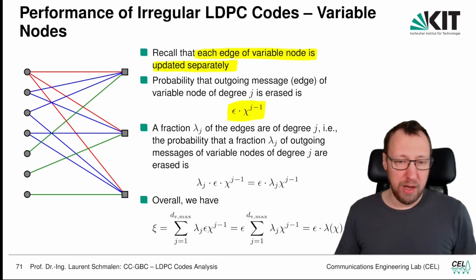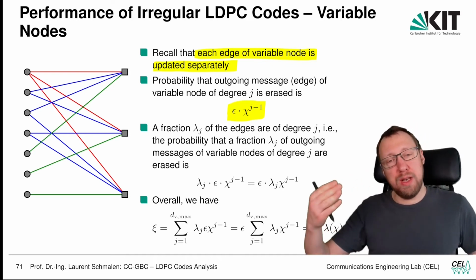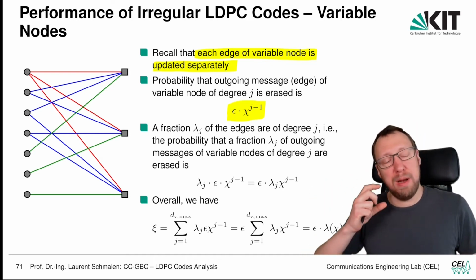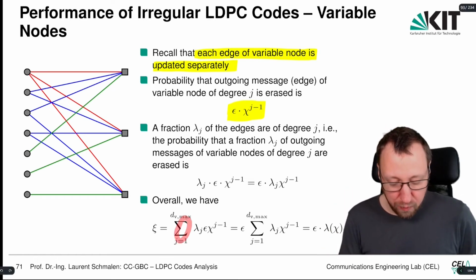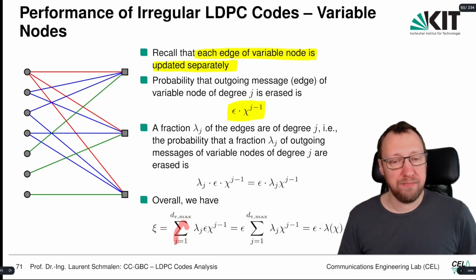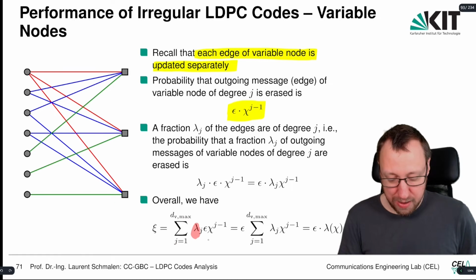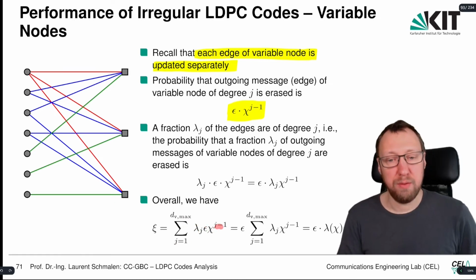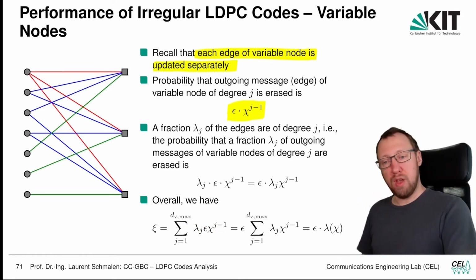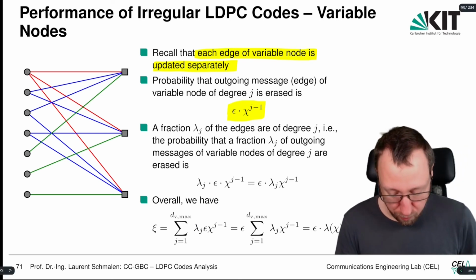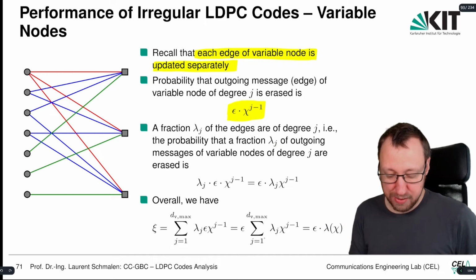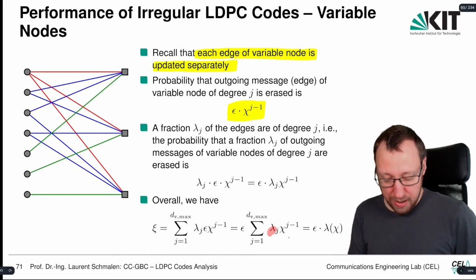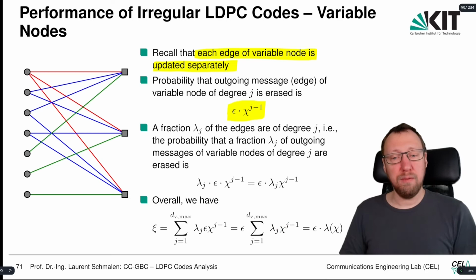In total, we have different degrees j, so we can calculate the probability that an outgoing message is erased. We take the average over all possible degrees. So it's the sum from j to dv max of lambda j times epsilon times chi to the power j minus 1. We take epsilon and move it in front of the sum. So it's epsilon times the sum over j of lambda j times chi to the power j minus 1.